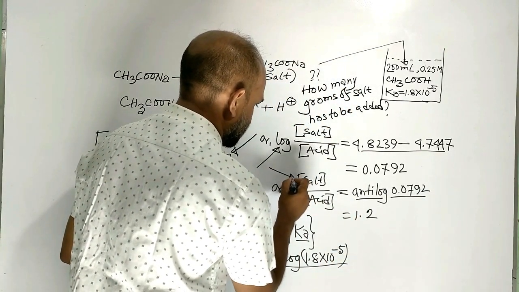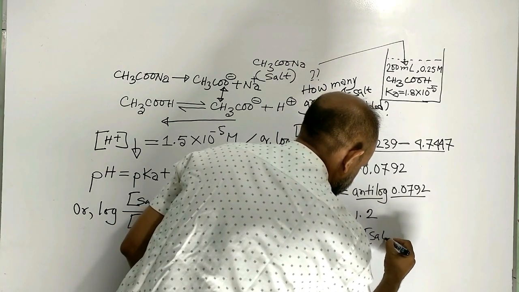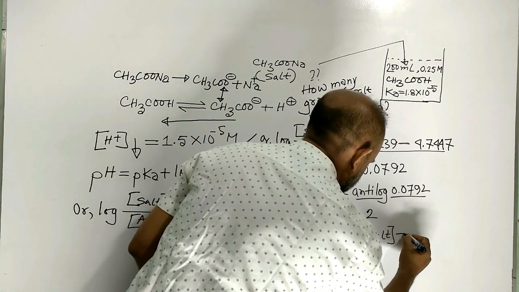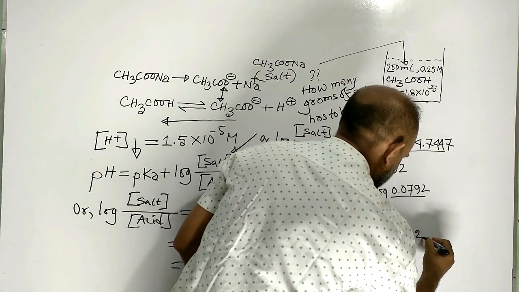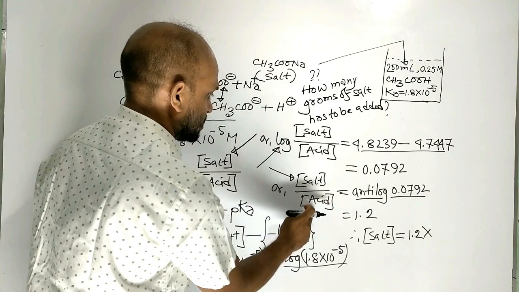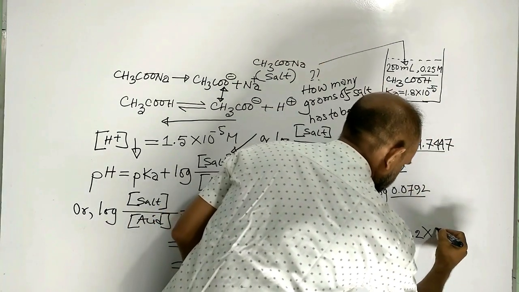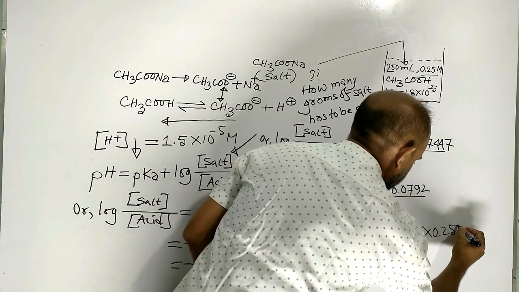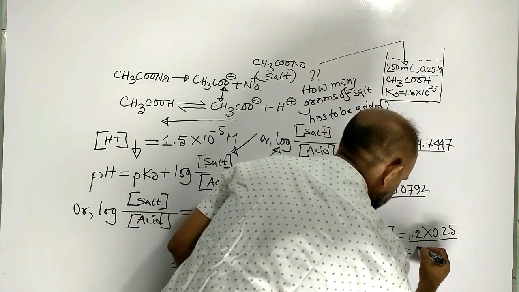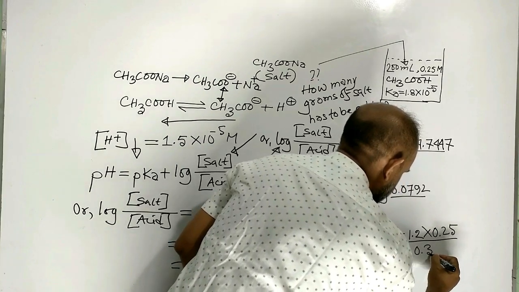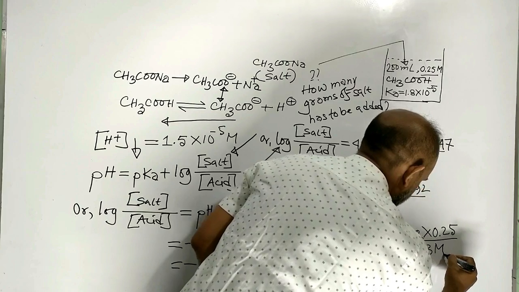Now concentration of salt is equal to 1.2 times concentration of acid, this concentration of acid 0.25, this equals 0.3. Concentration of salt is 0.3 molar.